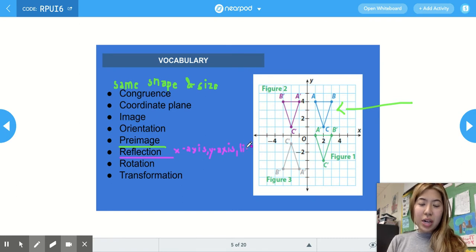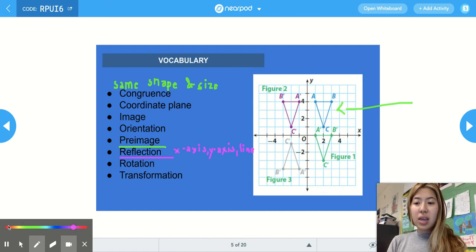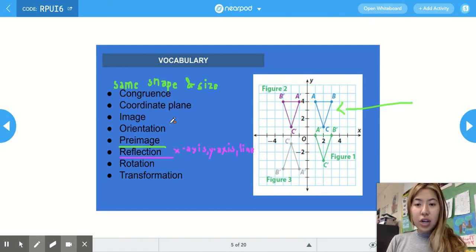Orientation means the direction that the point or the figure is facing. And as a reminder, rotations happen in 90-degree intervals.